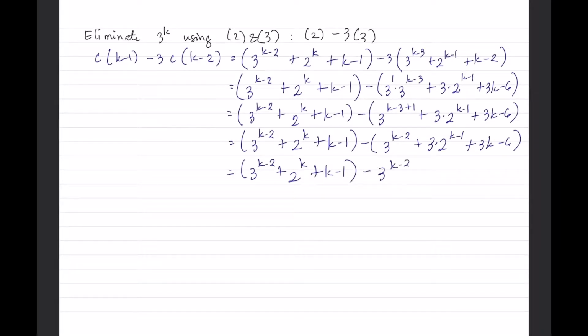We distribute negative 1: negative 3 raised to k minus 2 minus 3 times 2 raised to k minus 1 minus 3k plus 6.